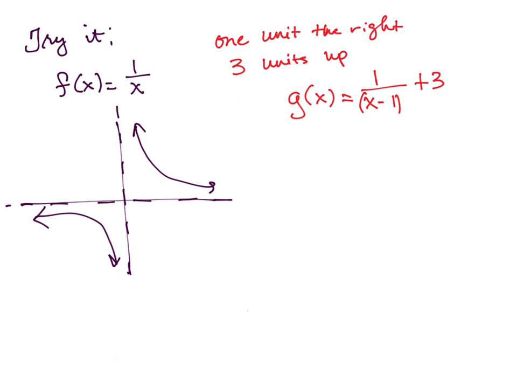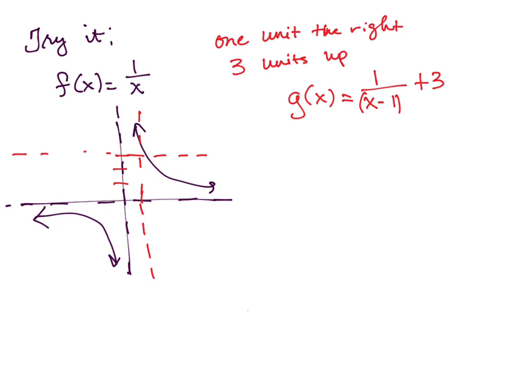Okay. So instead of having this boundary that it can't cross at 0, now that boundary is shifted 1 over. It's going to be here. And then instead of having the horizontal boundary at y equals 0, where's it going to go? Up 3. So my new horizontal line that it doesn't cross is going to be up here.